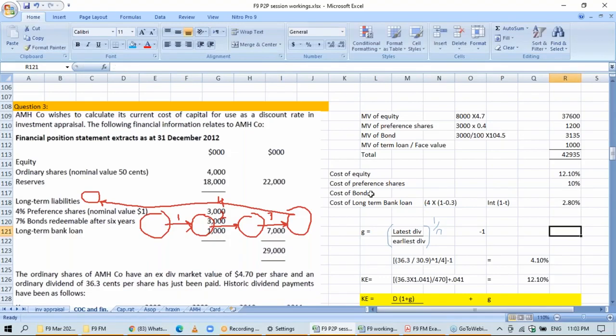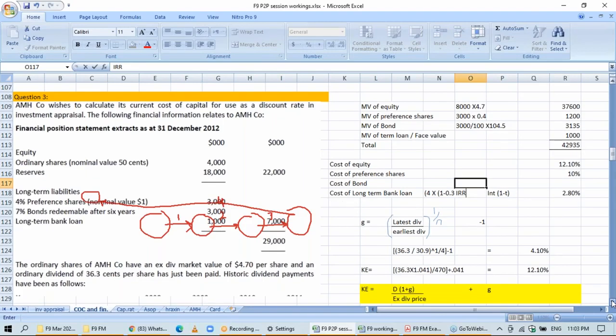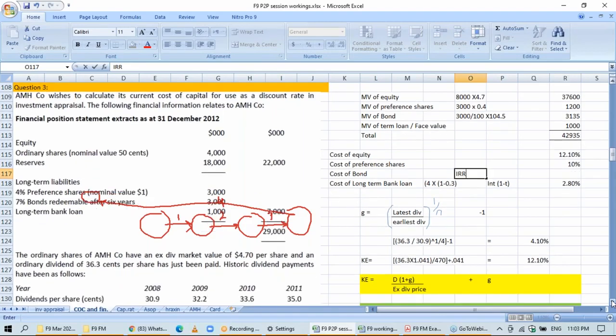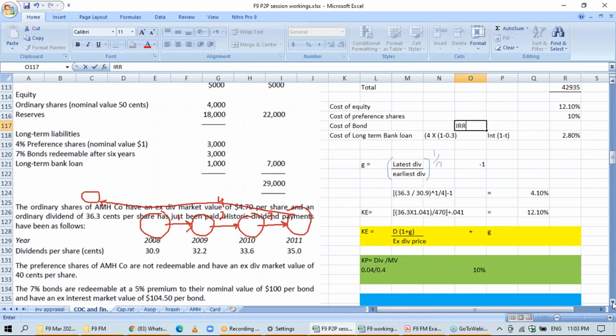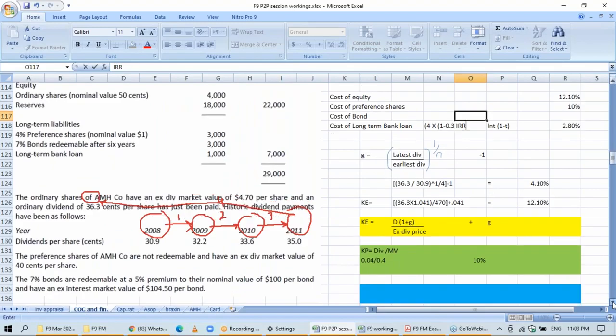Now, what about the cost of bond, which is a 7% bond? For this, you have to calculate the IRR, internal rate of return. In case you have a market value of the bond, which is 104.5, different from the face value, right? And if the bond is redeemable, and the face value and the market value are different, in that case you have to calculate the internal rate of return.